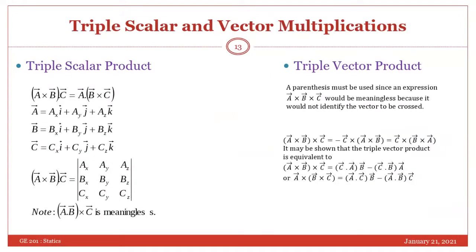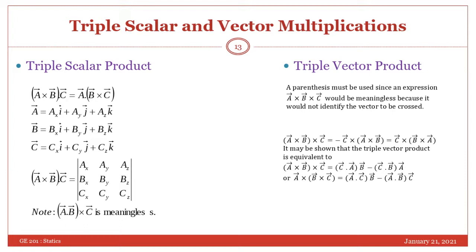Now we come to the triple scalar and vector multiplication. Generally, we do not use this because first, rarely we require this, and second, if we need it, we first multiply the two vectors, and then whatever is the answer, we multiply with the third. But if you can remember, it is very good, it is useful. Suppose you have vector A, vector B, and vector C in the component form.